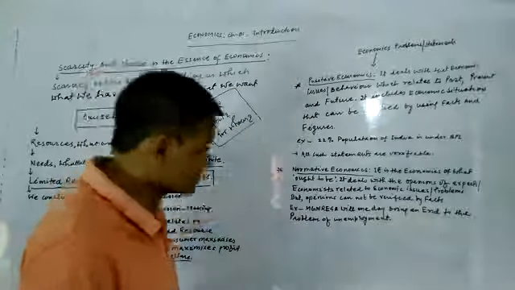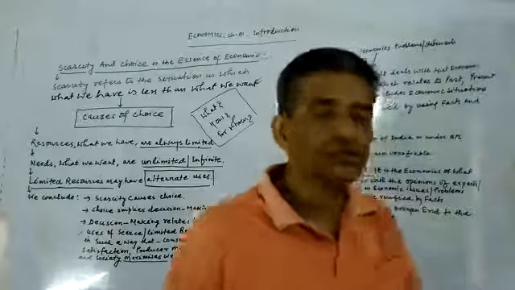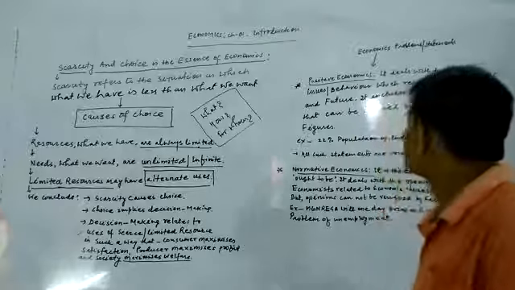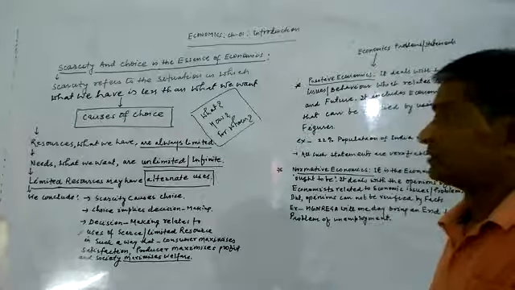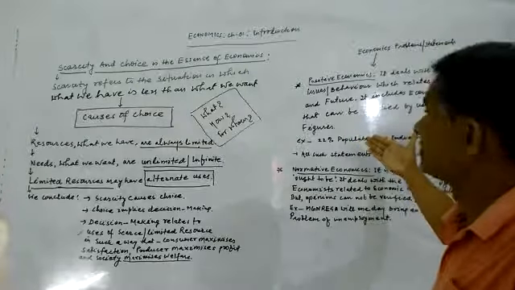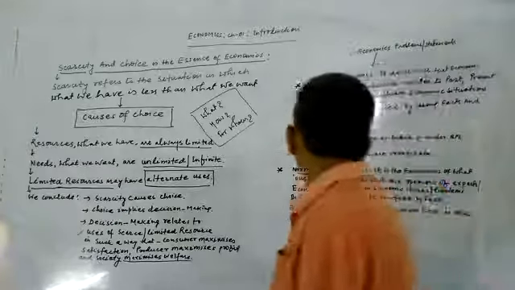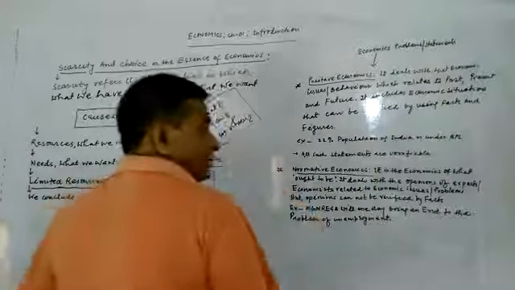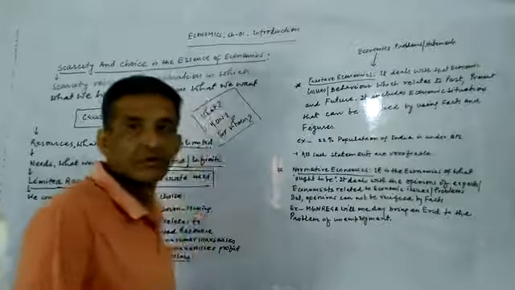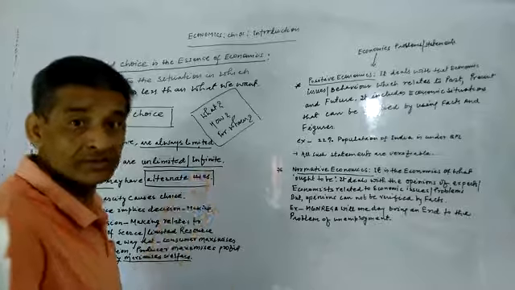Now, let us understand here. Some of the issues, problems or behavior that we deal with in this science are related to the past, present, and future: what was, what will be, and what is.